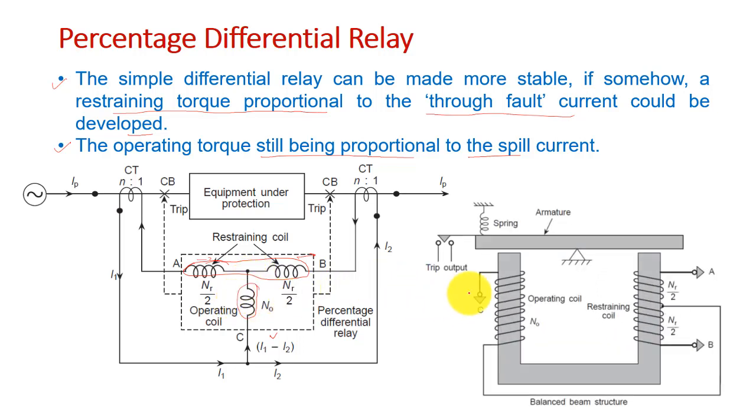Now, we can see a simple balanced beam structure of a differential relay. Here it is your operating coil, and here we have the restraining coil, and as soon as there is a current flowing, this is the spill current flowing in the operating coil, and this is your circulating current flowing through the restraining coil, and there is a spring.